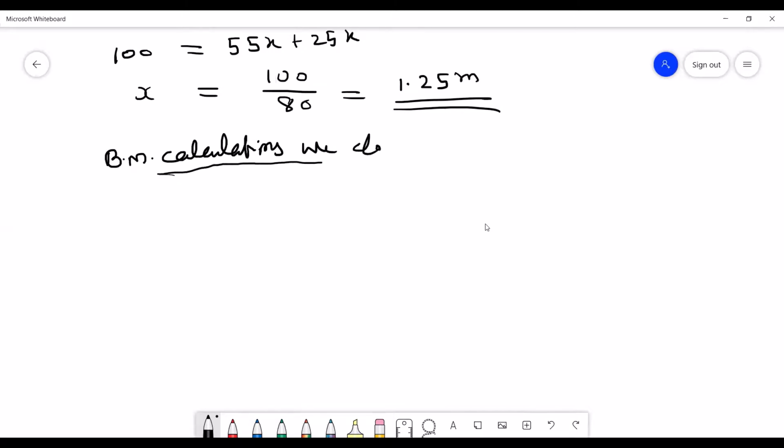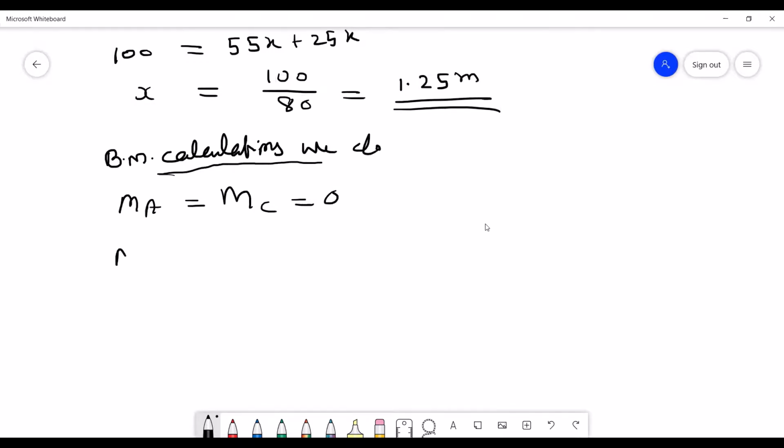So the bending moment at point A as well as point C will be 0, because there is no force at the left side of A and there is no force at the right side of C, so it will be 0.